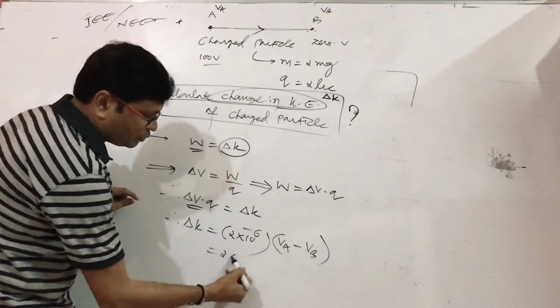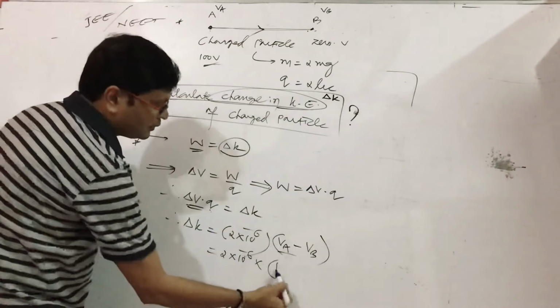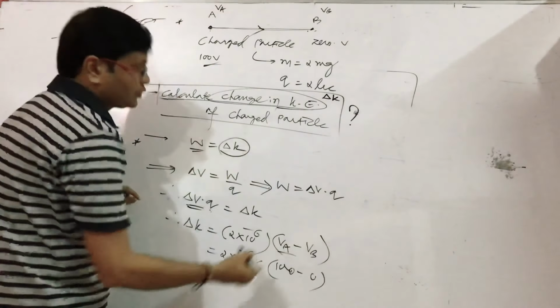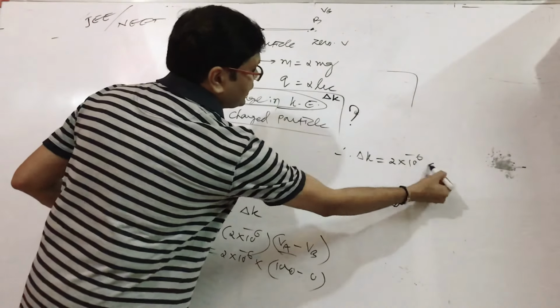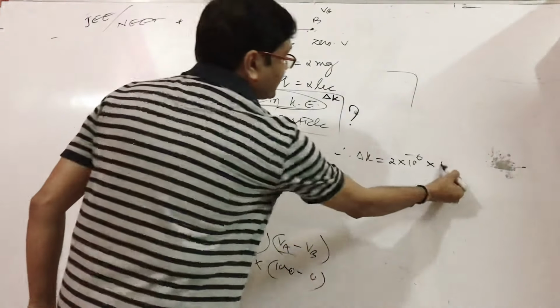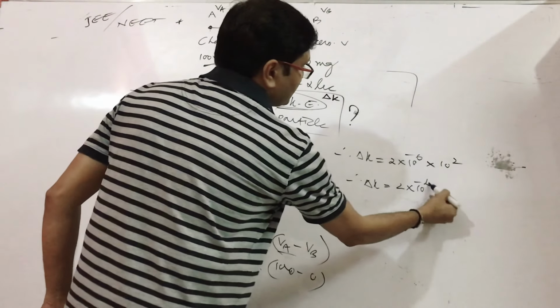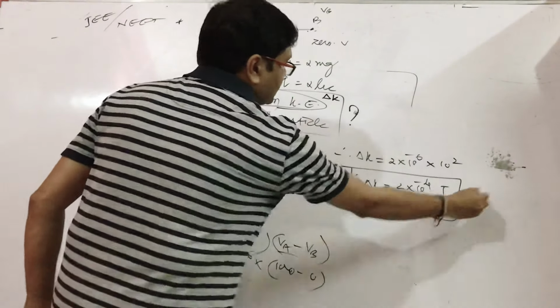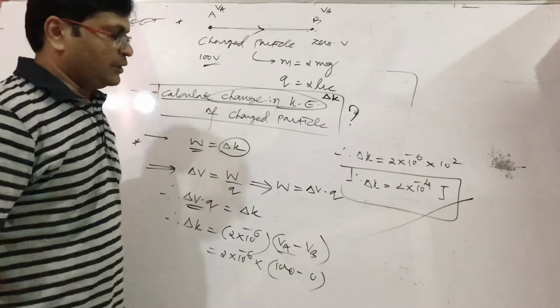So 2 into 10 raised to minus 6. What is the potential at point A? Already 100, and 0 at B. So the change in kinetic energy is 2 into 10 raised to minus 6 multiplied by 100, 10 raised to 2. So it is 2 into 10 raised to minus 4 joule. That's your answer. And if you obtained this answer, then congratulations.